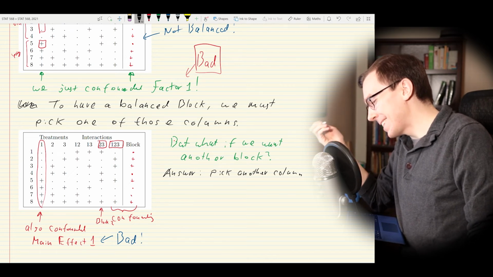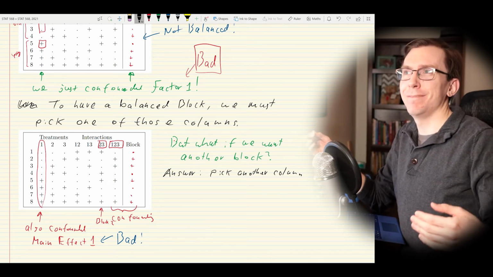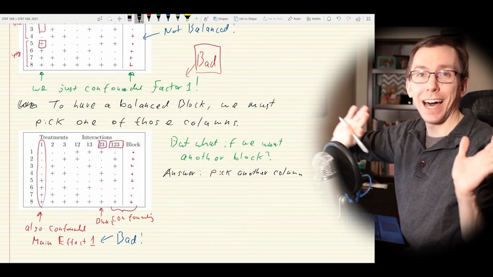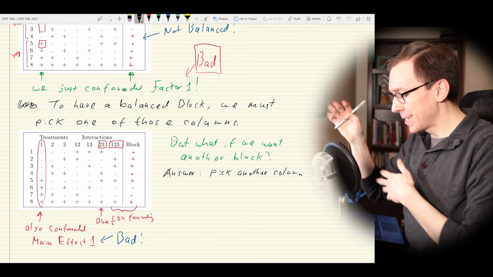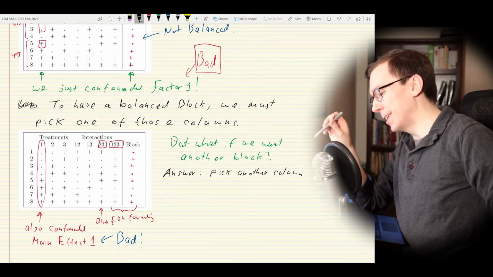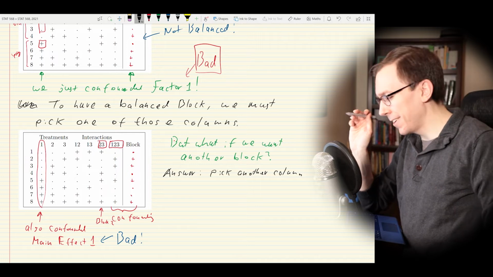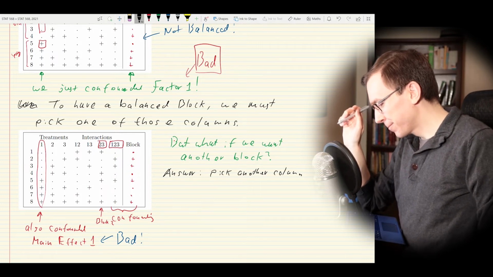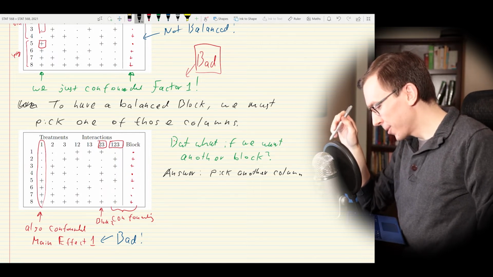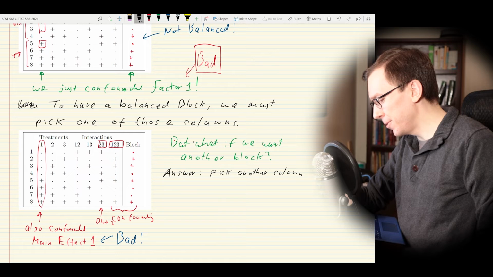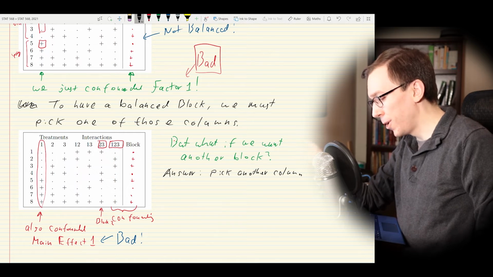But the point is that you could be very eloquently trying to block away, confound the higher order terms, but you did something wrong, and then suddenly you lose the ability to test a lower order term or a main effect, and that can get you into trouble. So why in the world does confounding these two higher terms, the 1 2 3 and the 2 3, also confound 1?